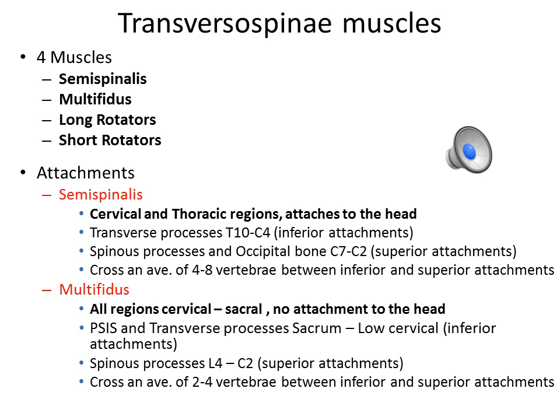The multifidus is found in all regions from the cervical spine all the way down to the sacrum. Note, though, that the multifidus does not have an attachment to the head or the skull.